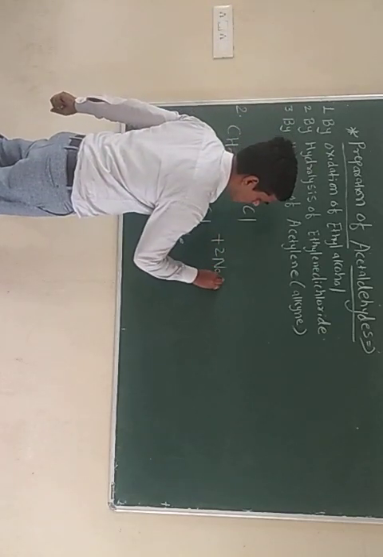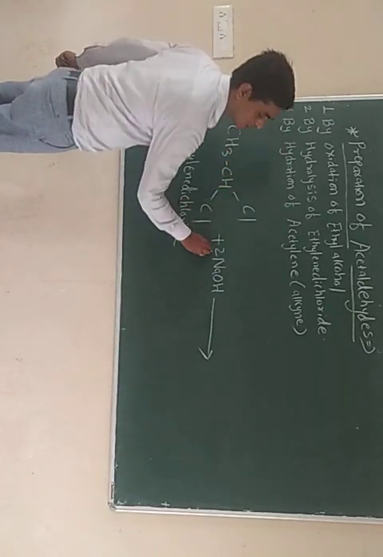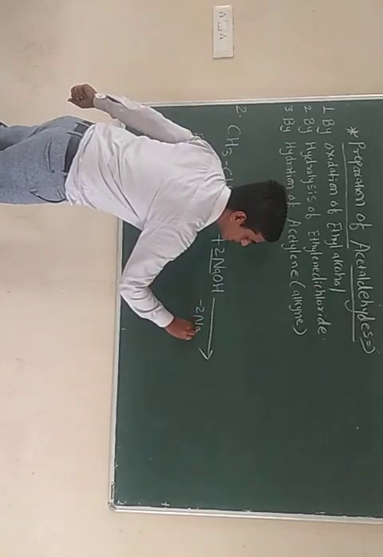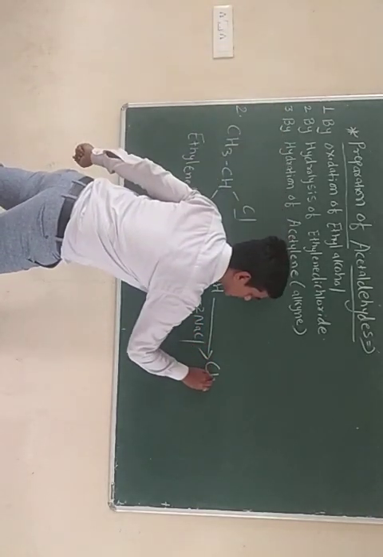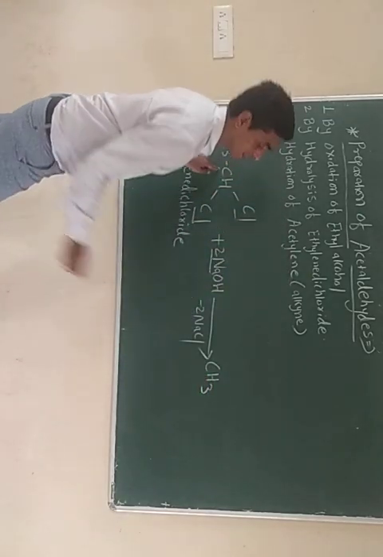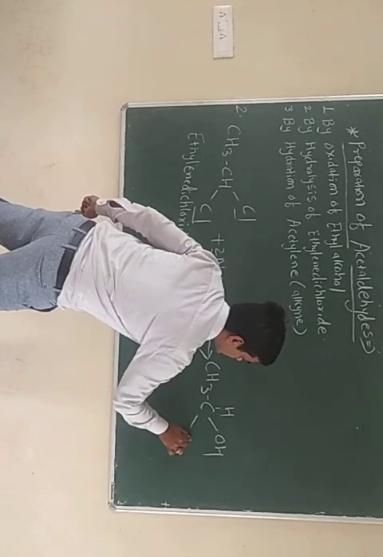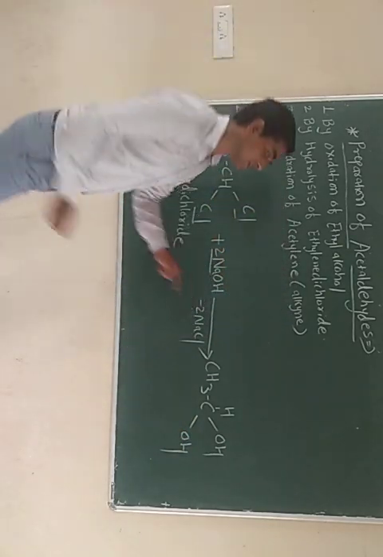Twice NaOH. If alkaline hydrolysis is carried out, there is a removal of twice NaCl. Then we have CH3, CH, and OH twice. First of all, we will get such a structure.